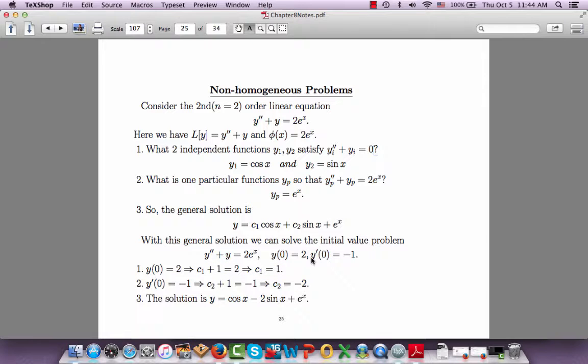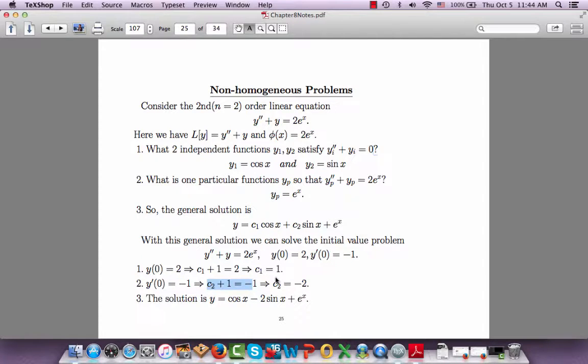And then the second condition, the derivative at 0 is negative 1. Well, I have to differentiate y. If I differentiate y, I'm going to get c1 times negative sine of x plus c2 cosine of x plus e to the x. I take that function, I plug in 0, and I get c2 plus 1 equals negative 1, which is what's in the condition. And then that tells me c2 is negative 2.